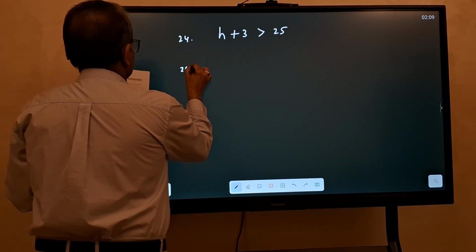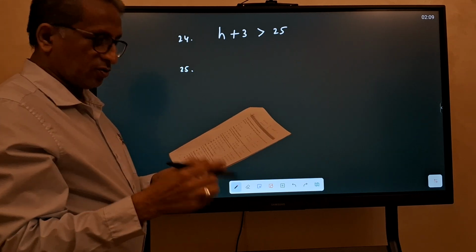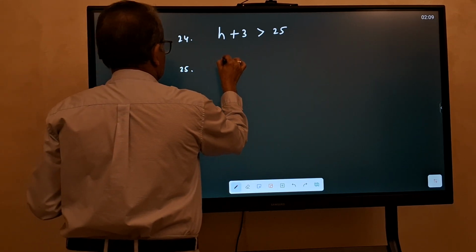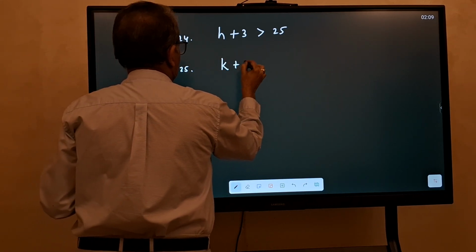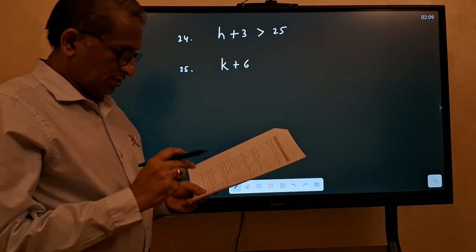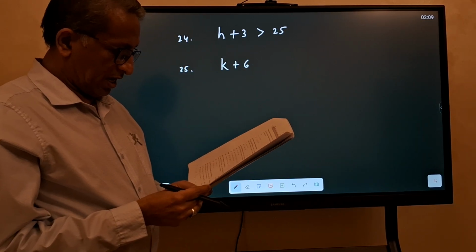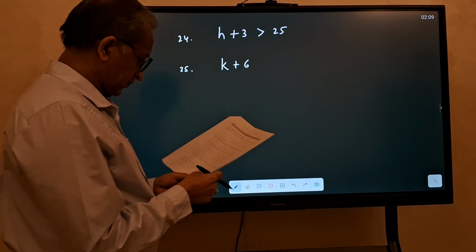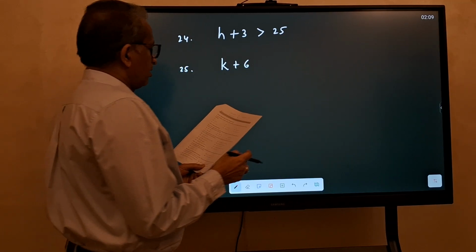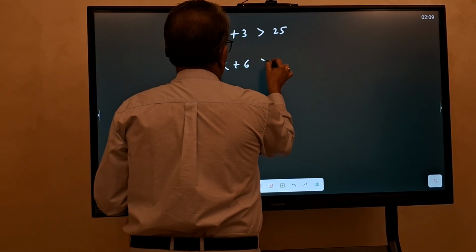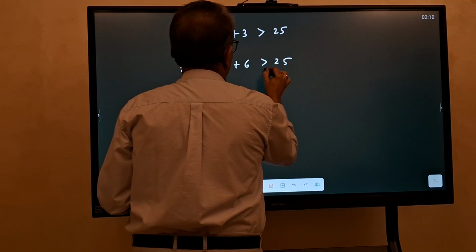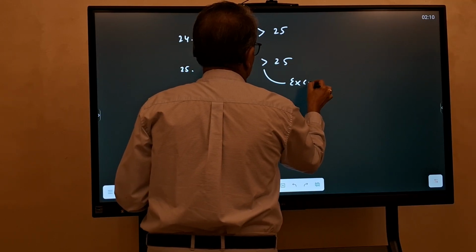Coming to 25. 6 more than k. K is the variable plus 6. 6 more than k exceeds 25. Exceeds means greater than 25. Please remember, this is exceeds.